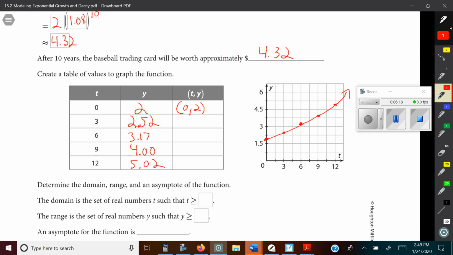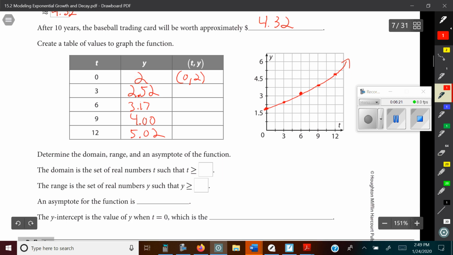Next we want to determine a few different things: what the domain is, what the range is, what the asymptote is, and what the y-intercept is, the value of y when t equals 0. We want to know what the y-intercept means in context. So let's start. The domain is all your x values, and we want to determine it not in the actual sense, since the graph goes on forever, but in the words of the problem.